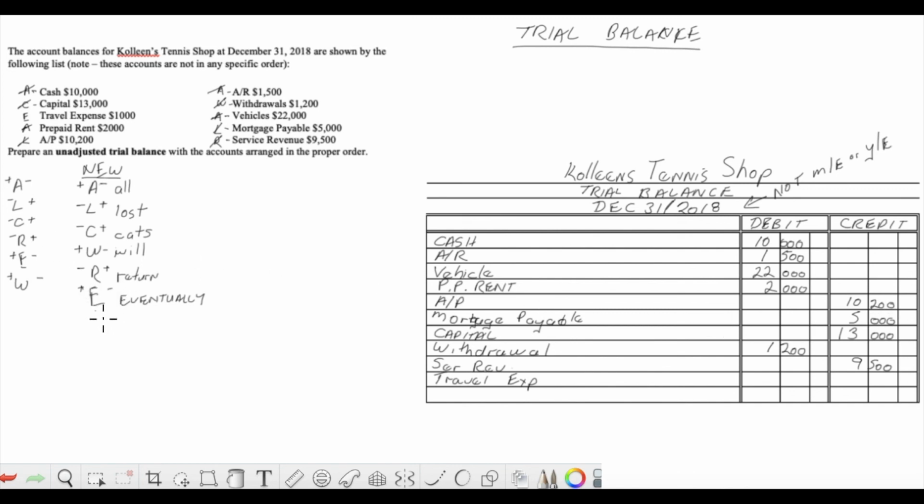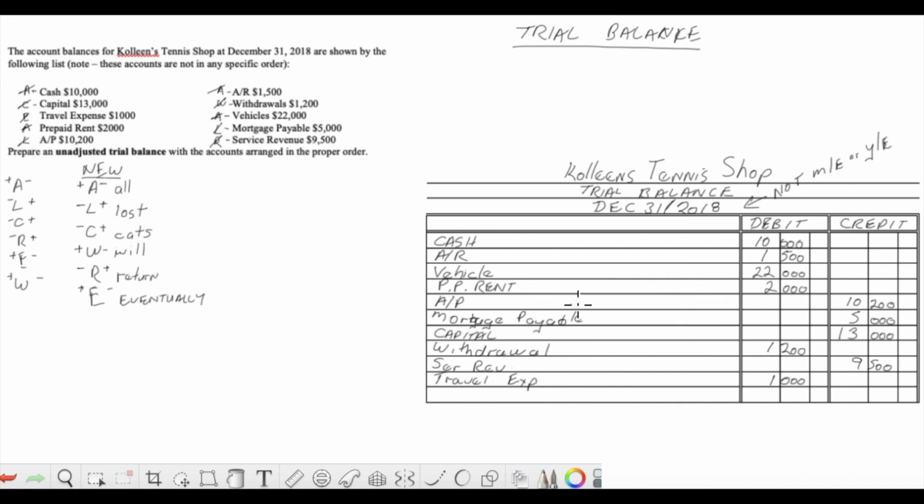Right? We go back to here and look. E's eventually, travel expense. So it goes on the left-hand side, the debit side, and it's $1,000. Right? Yep. Perfect. Excellent. Done. Any more accounts? Nope. Got them all.